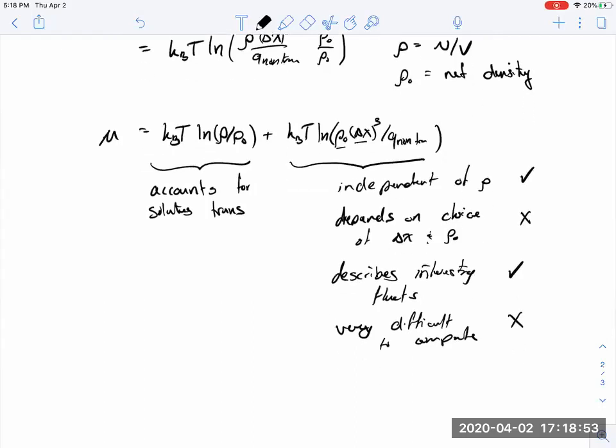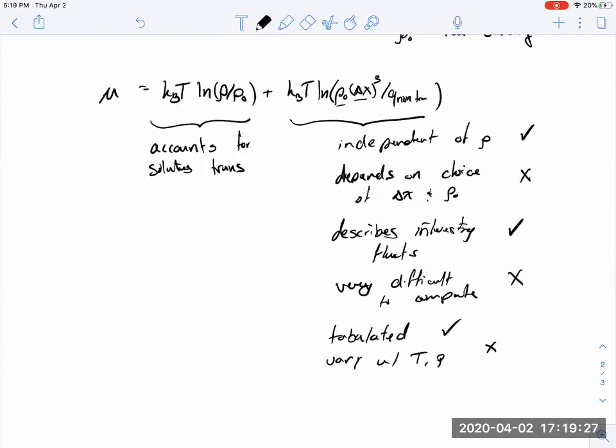What turns out to be useful is that this part of the chemical potential exists just in tables. You can go look them up. It's some function that's going to depend on the temperature, the reference density, and what solute and solvent it is. But because of that, it's also going to vary with things like the temperature and the pressure, because that's going to modulate things like how the solute interacts with that solvent.